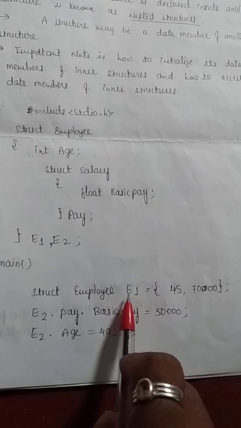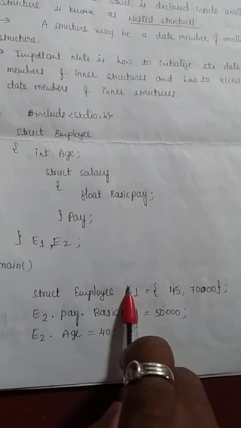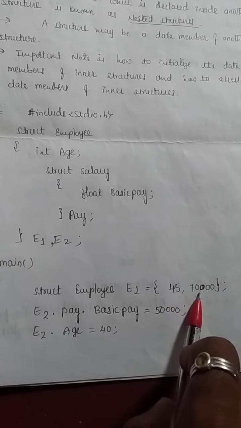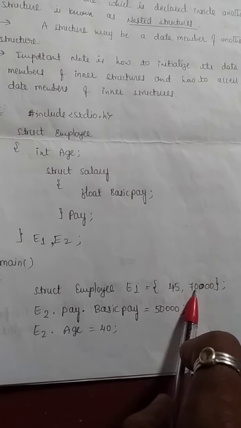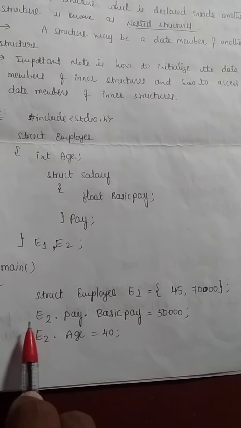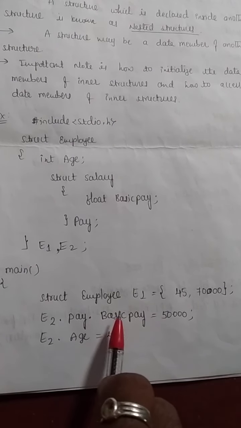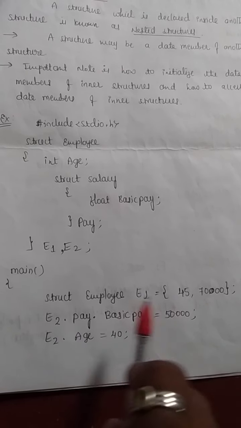In the main function you can observe that I am taking struct employee E1 equal to 45 and 70,000. What is this? I am taking E1 of the outer structure employee and initializing 45 as the age and basic pay as 70,000. This is one type of initialization. Then I am taking E2 dot pay dot basic pay equals 50,000.